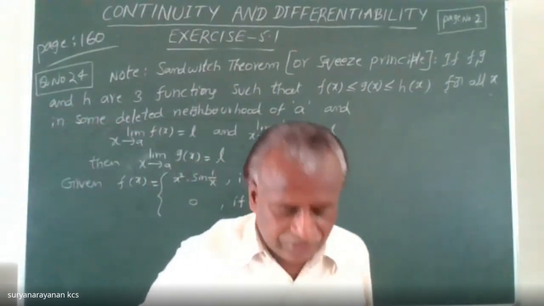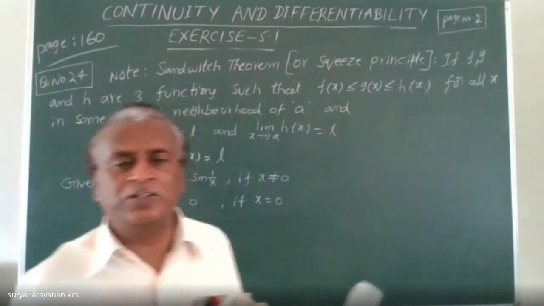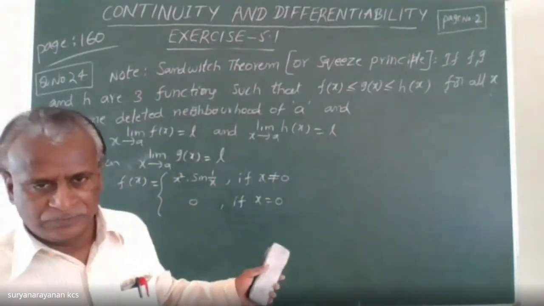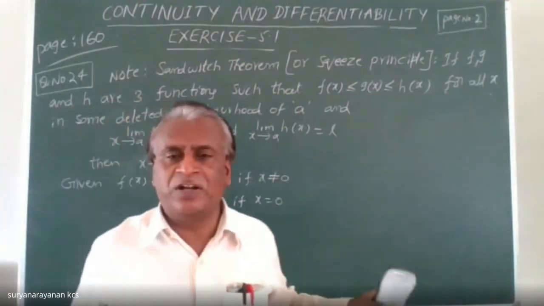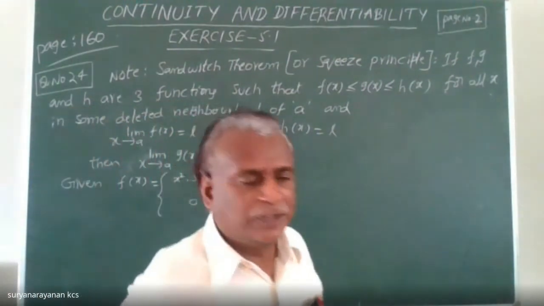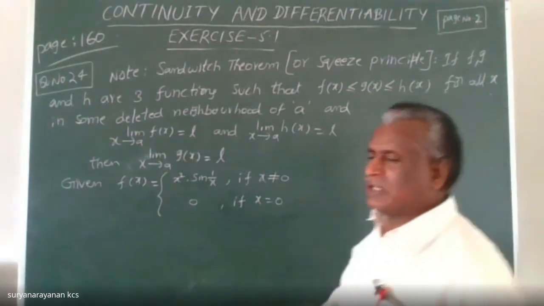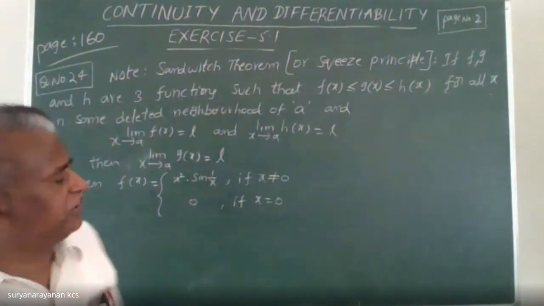Here what is asked? Discuss the continuity of this function, whether it is a continuous function or not. At which point? At point 0. At point 0, we have to find the continuity of this function.